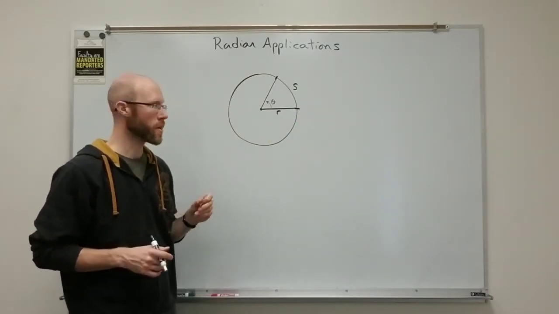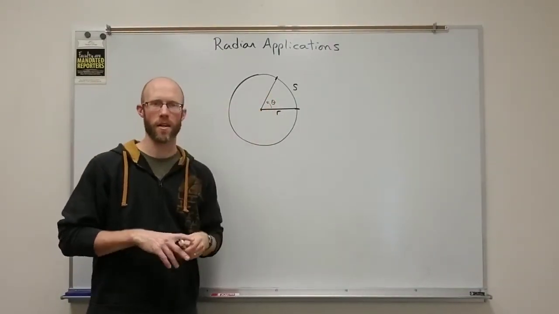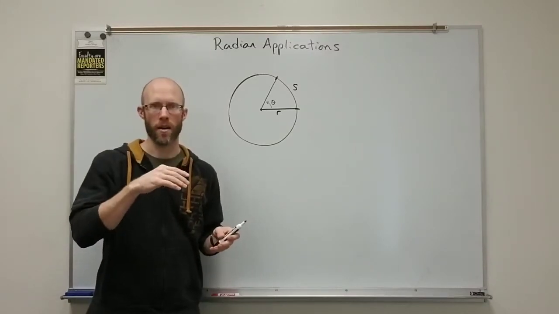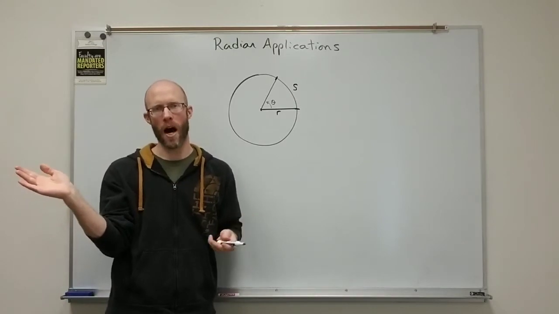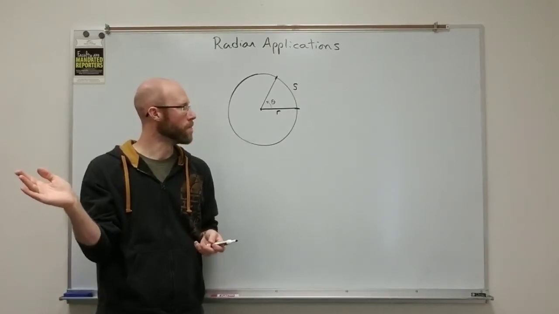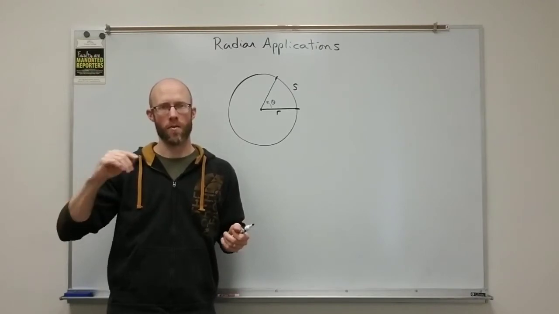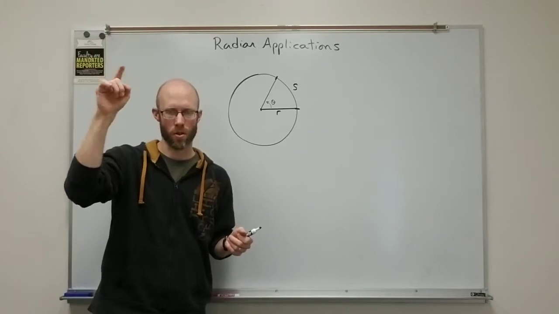If you took just half of the 2 pi or 360 and opened it halfway, that'd be a 180 or a pi angle, you would swipe out half of the circumference. If you wanted a quarter of the circle, you'd swipe out a quarter of the circumference.